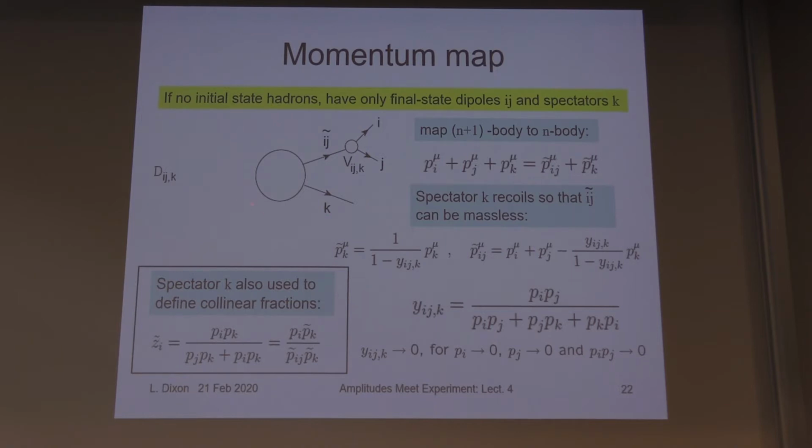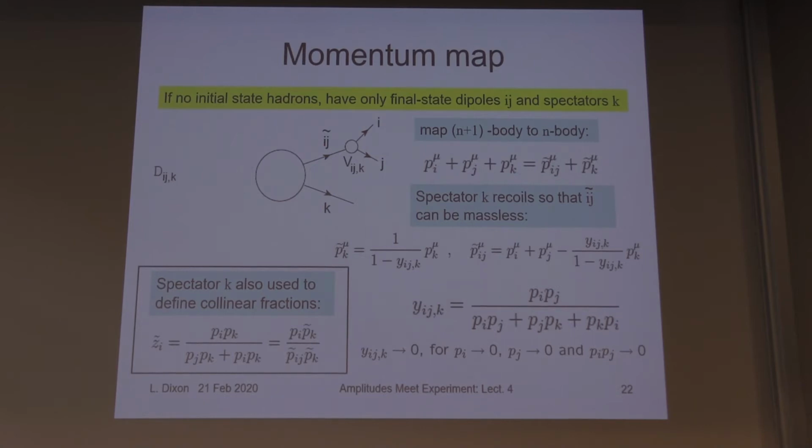But you want your n-body phase space to look like the Born phase space, which means you want this composite momentum ij tilde to be massless. So you have to take two vectors here and combine them into a massless vector.